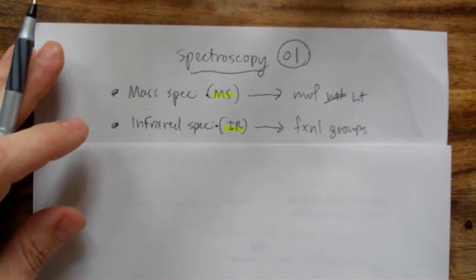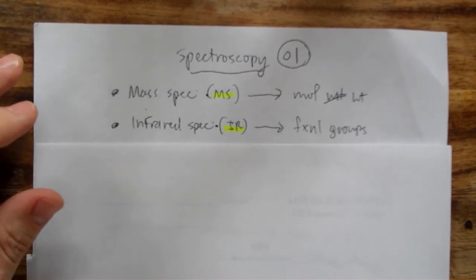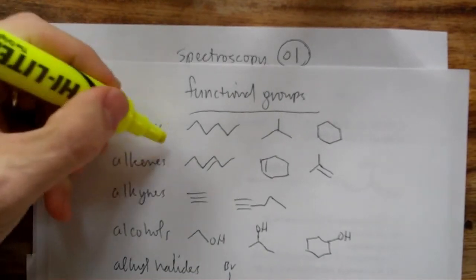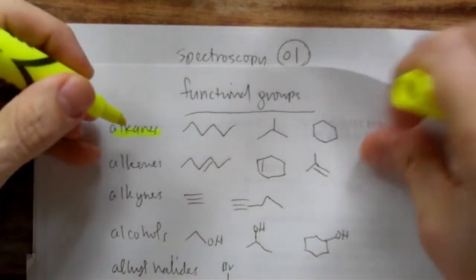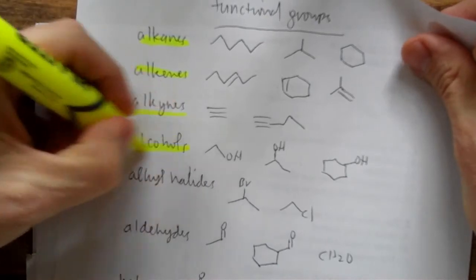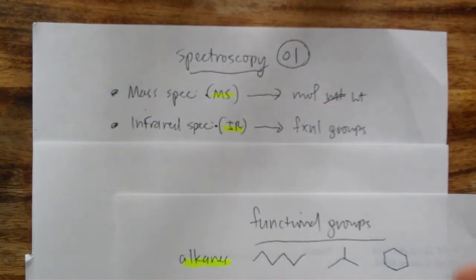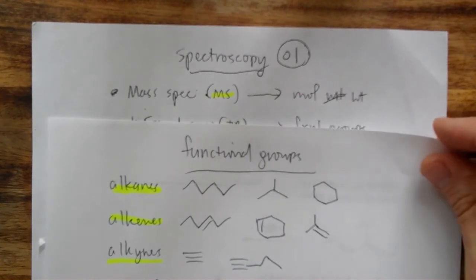Infrared spectroscopy. Functional groups. When we talk about functional groups, I'm talking about alkanes, alkynes, alcohols, alkyl halides, aldehydes, and so on, right? Okay, so these are functional groups. Let's talk about two compounds that have the same functional groups, but different molecular weight.